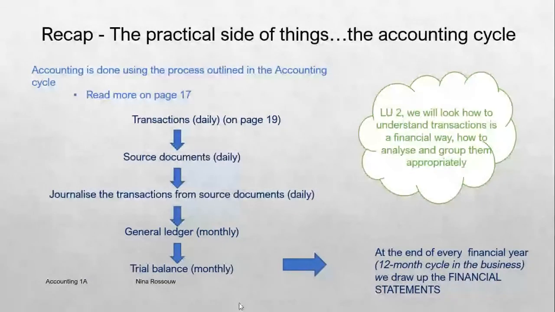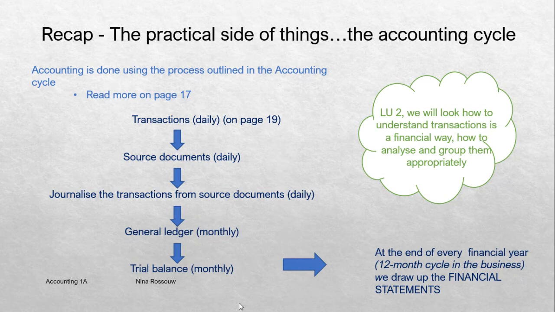Okay, so this is just a recap or an extract of one of the short videos that you will have for homework, because I only loaded it up yesterday. This is explaining the accounting cycle, the different transactions and the flow of information.